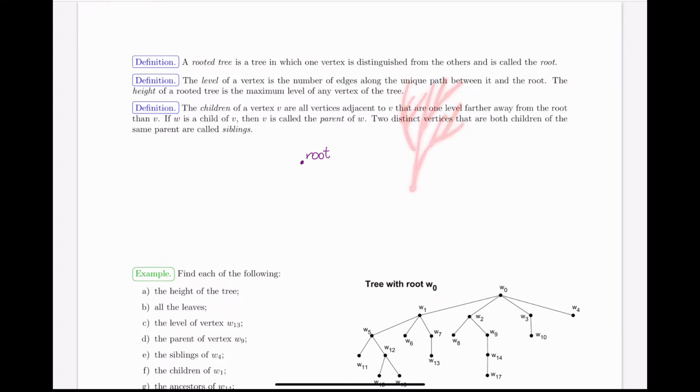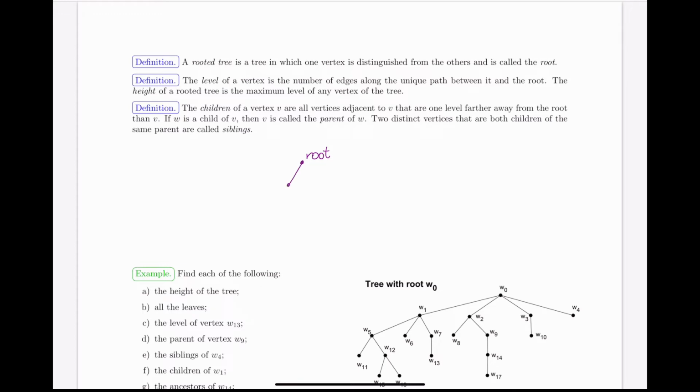In math, we draw our roots down. I think it's basically for physical reasons, because if I start with my root on the bottom, I have no idea how much space to reserve for the tree because it's growing up and I might run out of the paper or screen that way. If I start with a root on top, I know I have to grow it down. So if I need more space, I can just give myself a little bit more room. So we would start with the root on top.